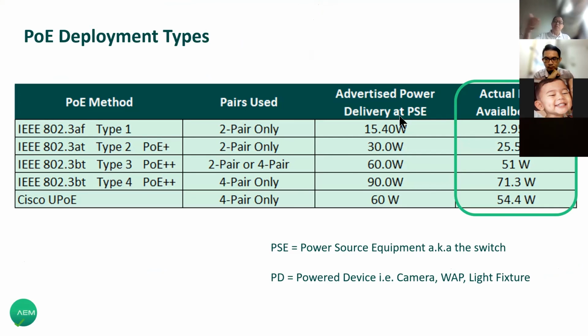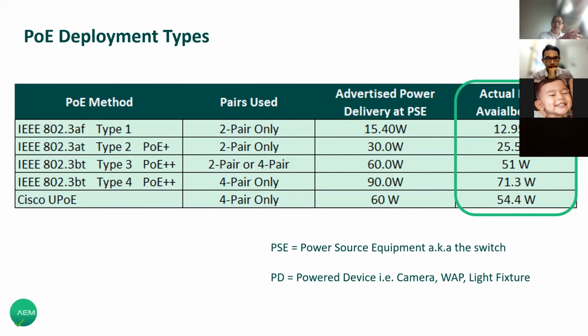So when you go to the market and buy a switch, maybe a Cisco switch that provides you data and power, it will tell you the power output it will supply, either 15 watt, 30 watt, 60 watt, or 90 watt. All these are specified by the equipment manufacturer, which follows the IEEE.